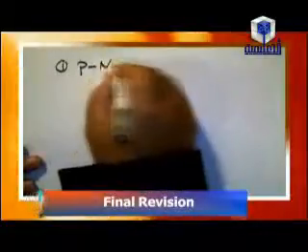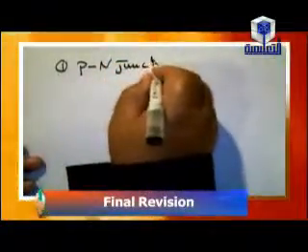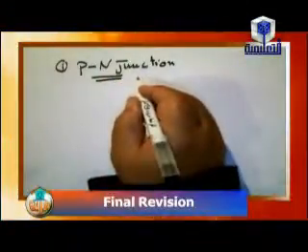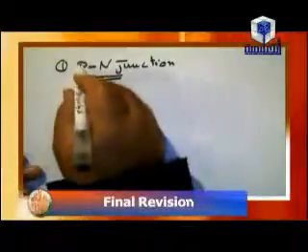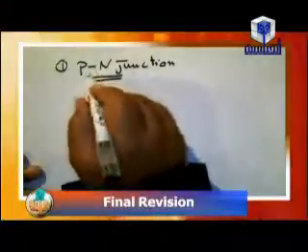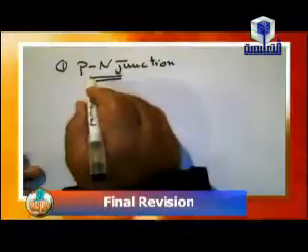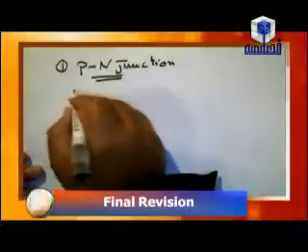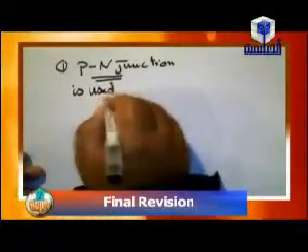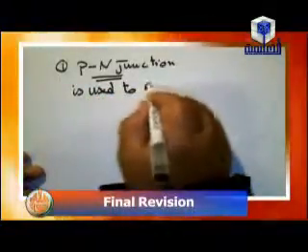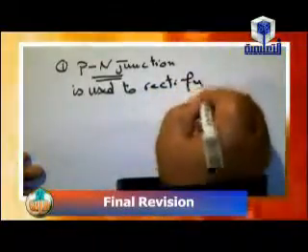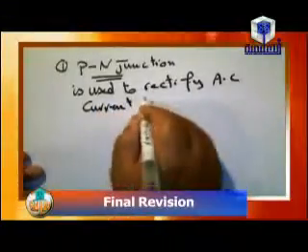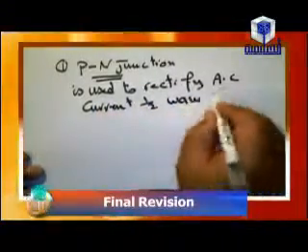We know that a p-n junction consists of p-type and n-type. P-type is composed of a crystal of silicon or germanium doped with an element of the third group, and n-type is doped with an element of the fifth group. The p-n junction is used to rectify AC current, half wave rectification.